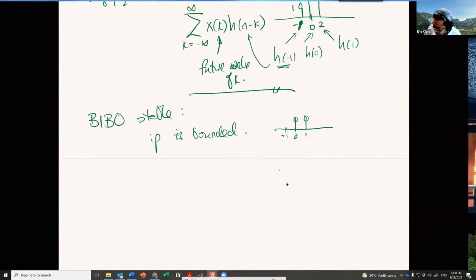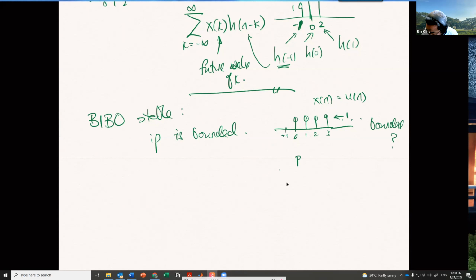Zero, -1, 2, 3. So the question is, x of n equals u of n, the unit step. Is this bounded? So this is the tutorial question. And the answer is yes. x of n only has a maximum value of 1. It is bounded by 1. The value doesn't go above 1.